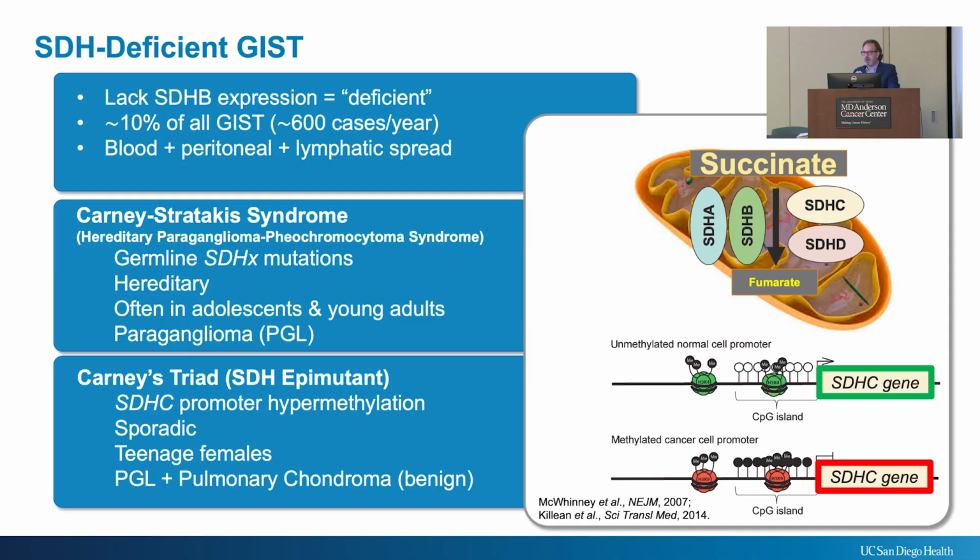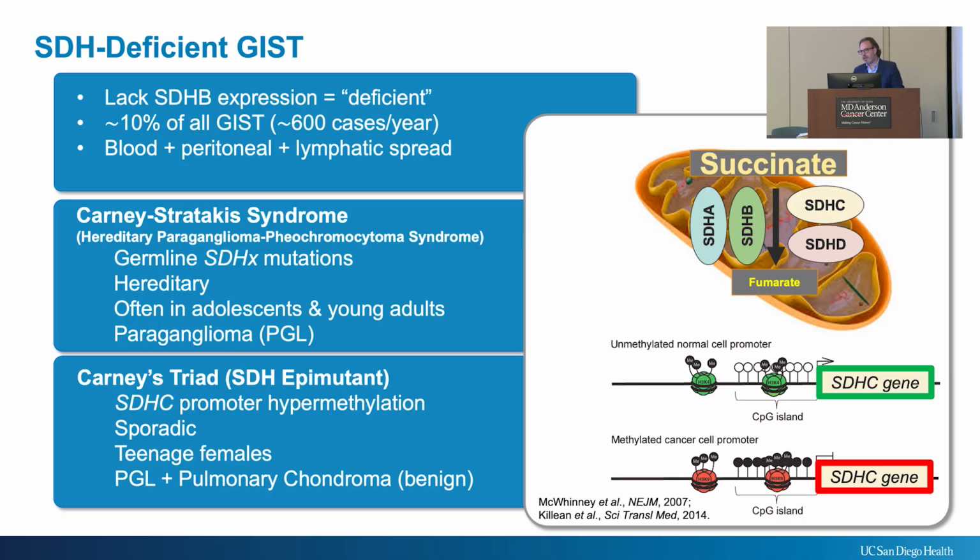So these are not oncogenic mutations like you heard about from Dr. Samaya at the start, of pushing the gas pedal. The biology of this is very different from that, okay? These tumors are also unique in that they represent only about 10% of all the GISTs, and are very different than most of the other GISTs that we've talked about today.